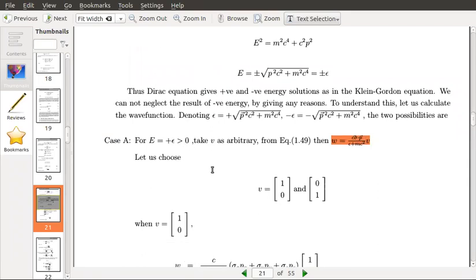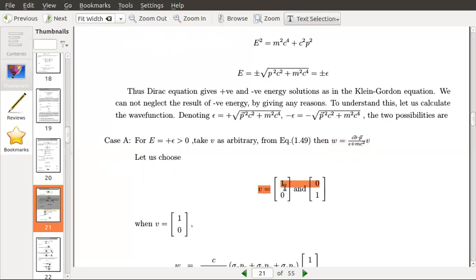So in that case, you take two choices like this. V equal to U1, U2. So you take 1, 0 and 0, 1, separately considering two cases. Is this clear?